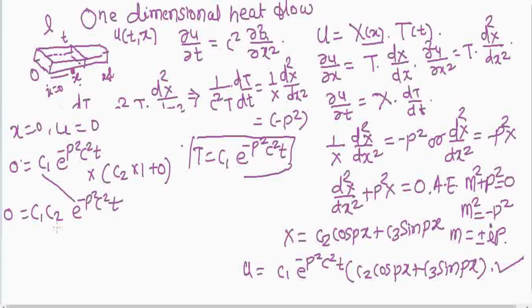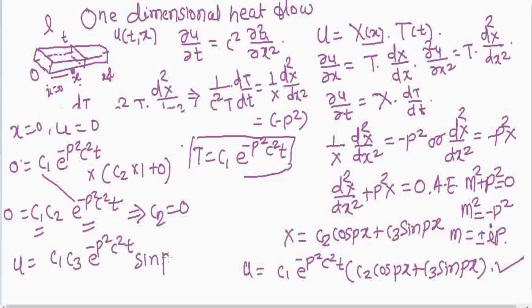Look at this, c1 cannot be 0, and this exponential term cannot be 0, so this gives us c2 equal to 0, and we have u equal to c1 into c3 into e raised to minus p square c square t into sine of px. This is the new equation. Suppose this is equation number 3 and the original equation is number 1.